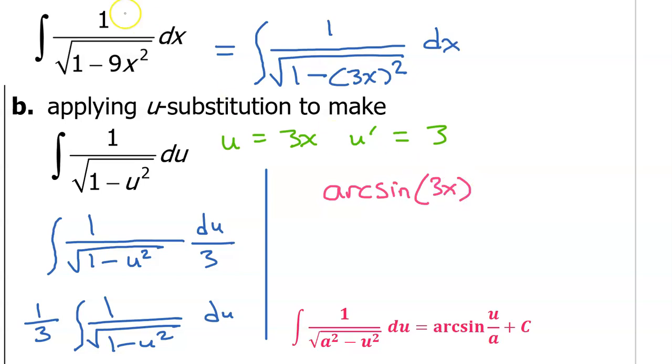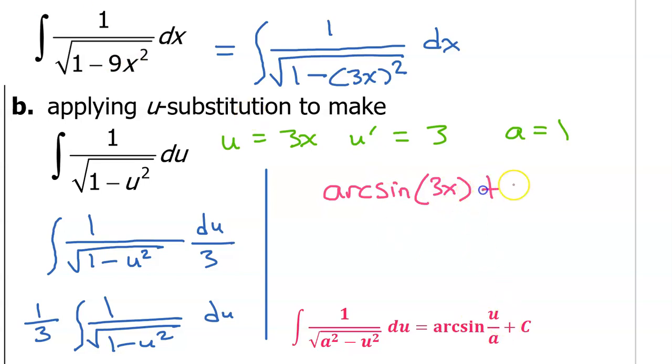I should have mentioned this from the start, but in this case, a is going to equal 1, because the a value is the square root of this constant. So for this strategy, a will be 1. So u over a will just be 3x over 1, or simply 3x.